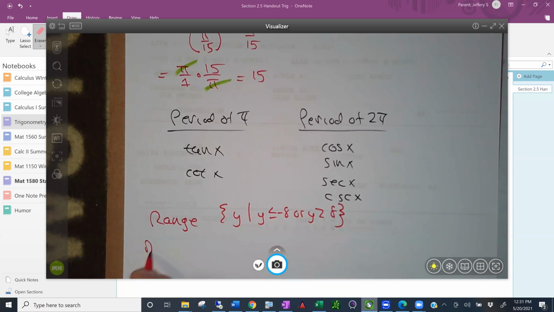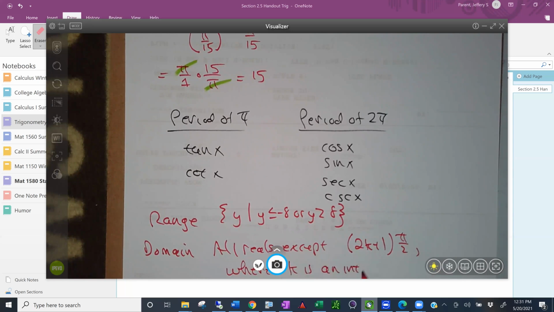Your domain is going to be all reals except 2k plus 1 times pi over 2, where k is an integer. And again, that's just your odd multiples of pi over 2.